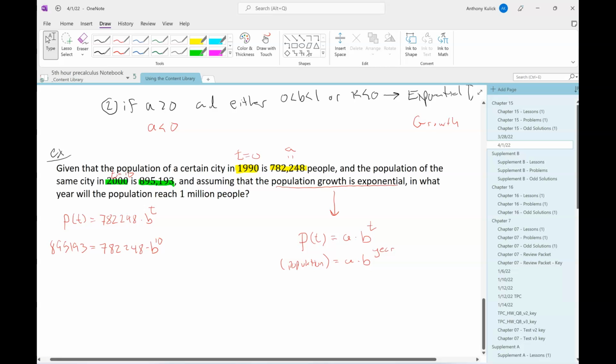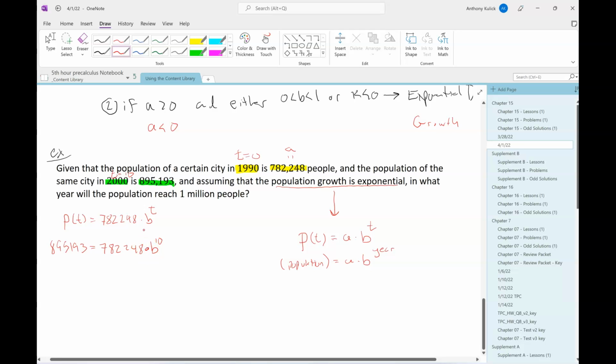Okay. So I'm here, right? We're solving for B. What do I need to do next to get B by itself? Is the 782,000 being added to B? It's being multiplied.